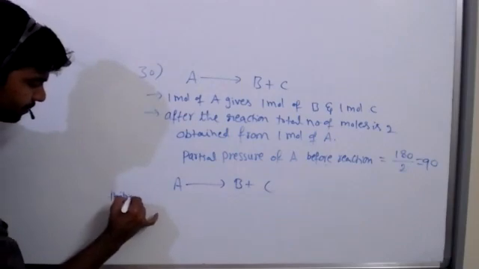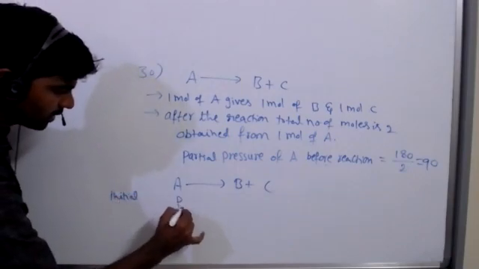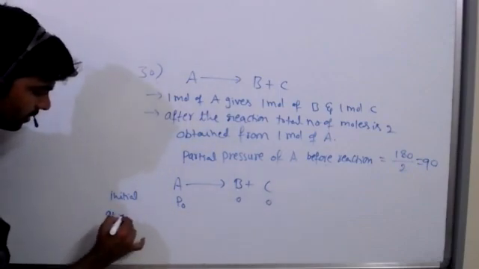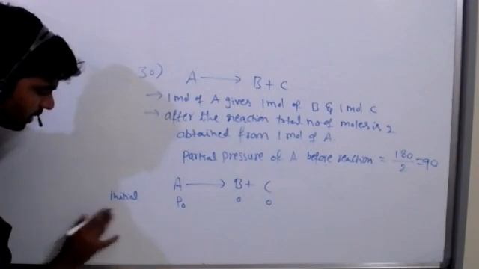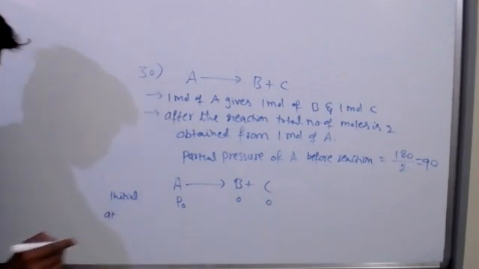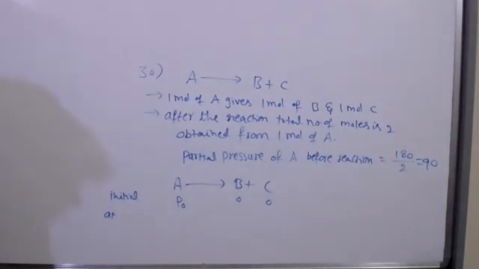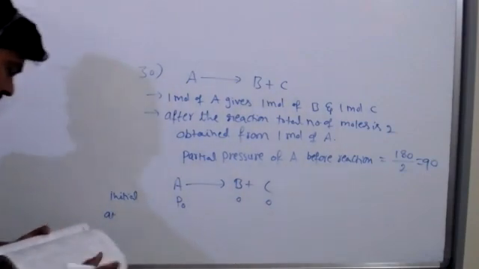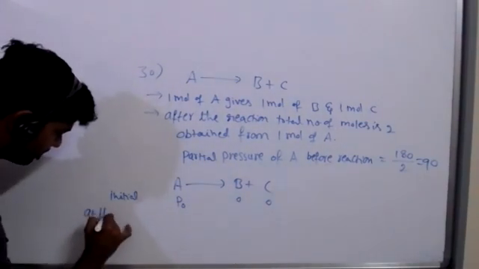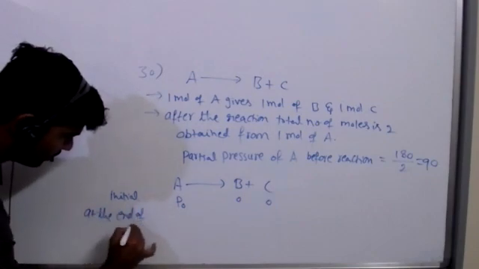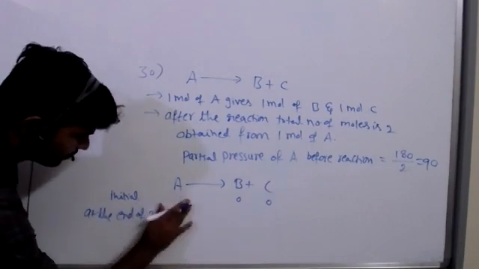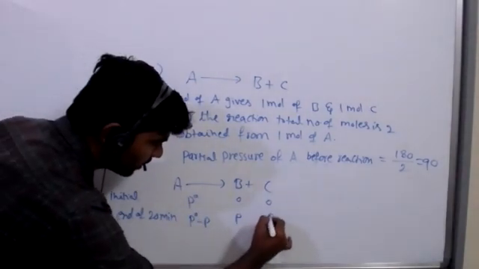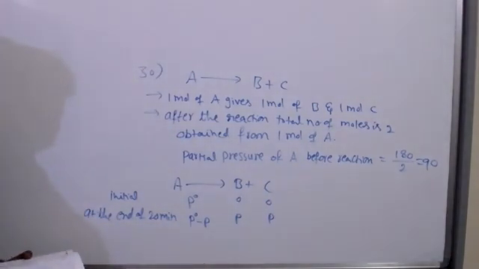Initial, it will be considered as P0, and this is 0, 0. At the end of 20 minutes, before the reaction, P0 minus P is left, P of B and P of C are produced.